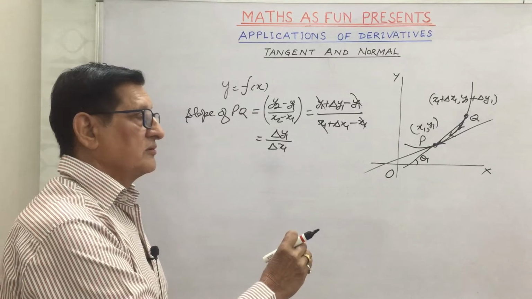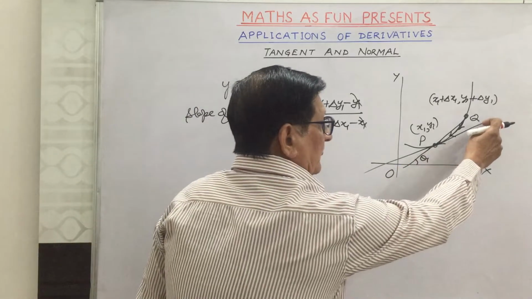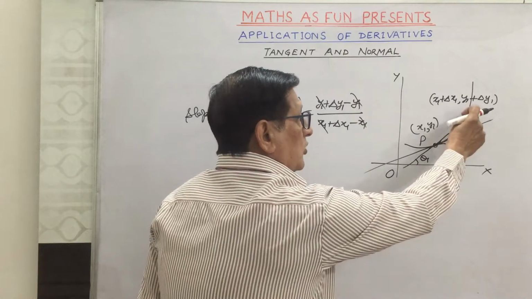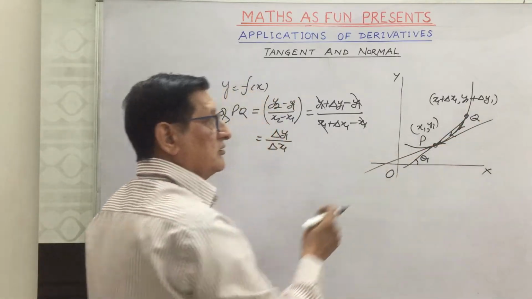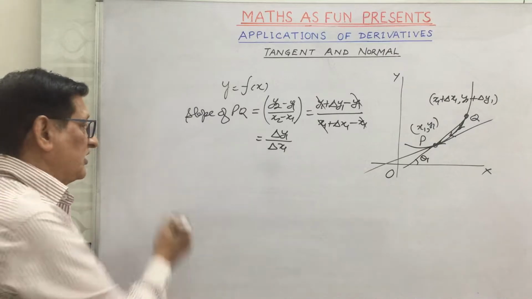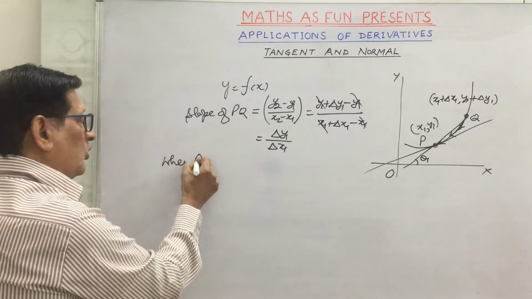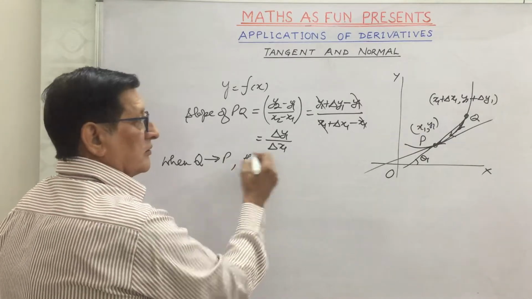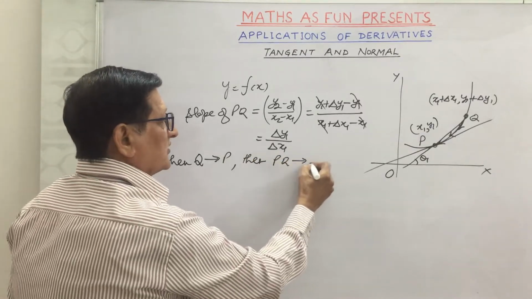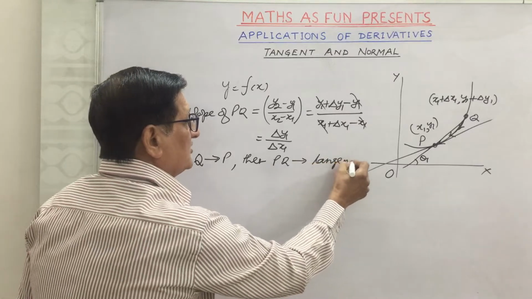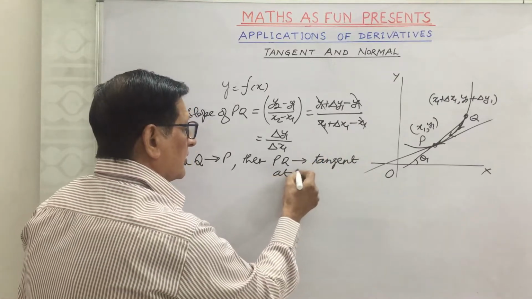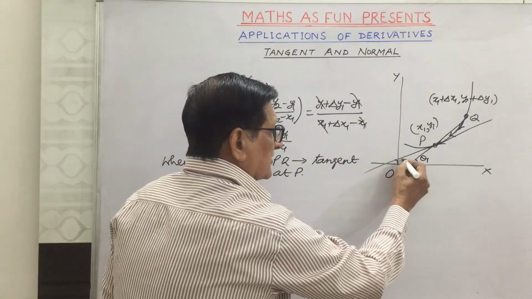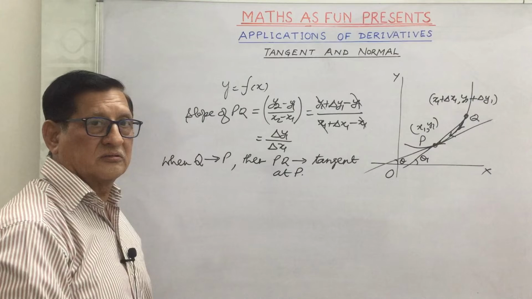It means what? The tangent will be at point P when Q is approaching P. So we can say when Q tends to P, then PQ tends to become the tangent at P. Then suppose this tangent makes an angle theta with the x-axis.